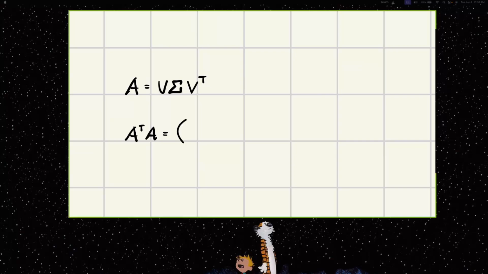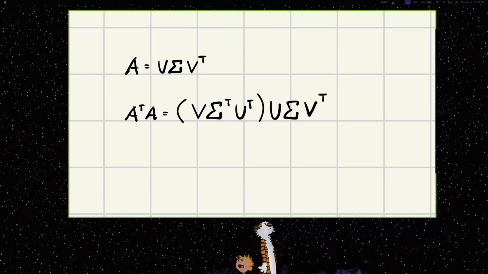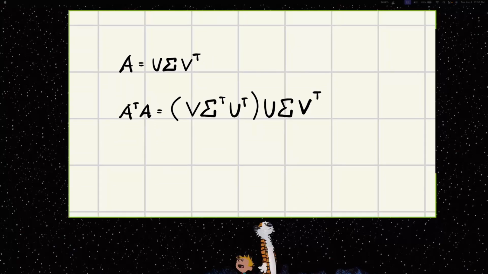So let's see, that'll be V sigma transpose and then U transpose. Okay. And then we'd have times A, which is U sigma V transpose. And so this is what we want here.